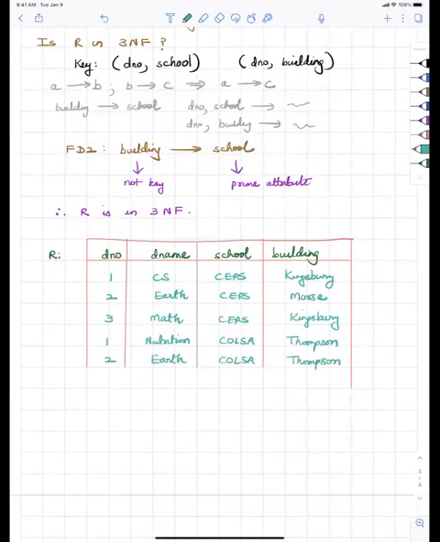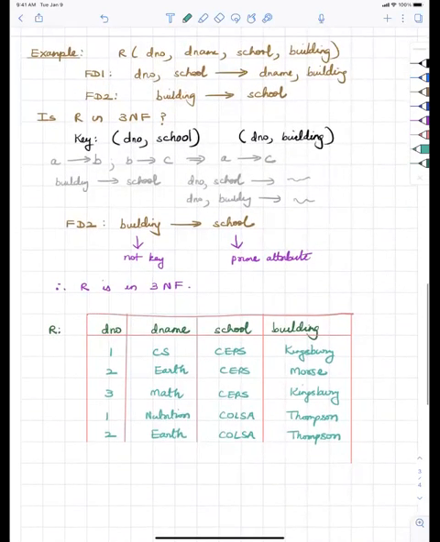So this table R is a table I developed for this particular example. And like I said, this table is in third normal form, so it doesn't have to be divided any further if that's all you want.